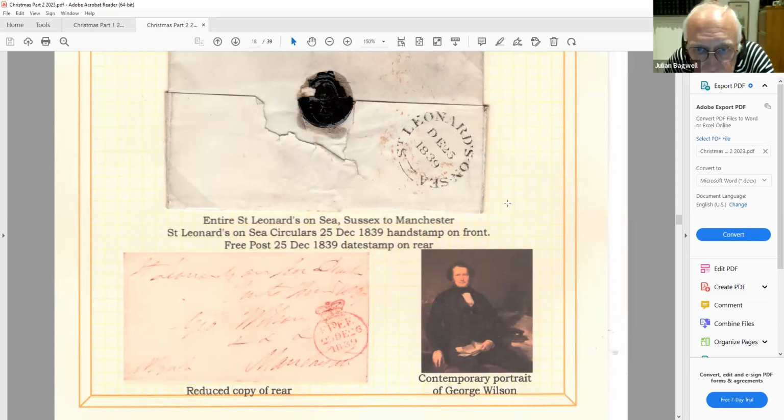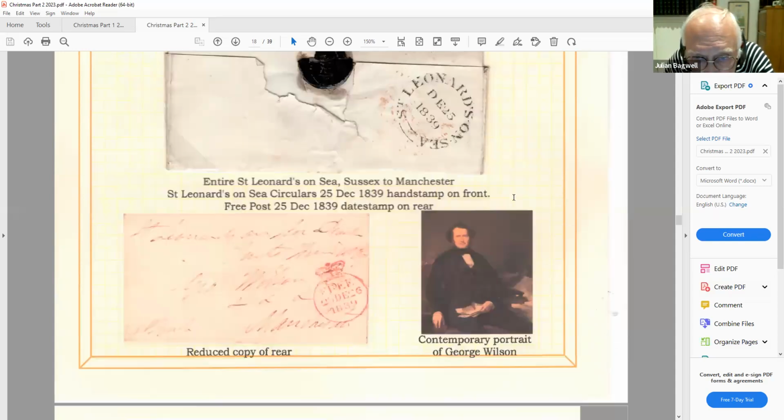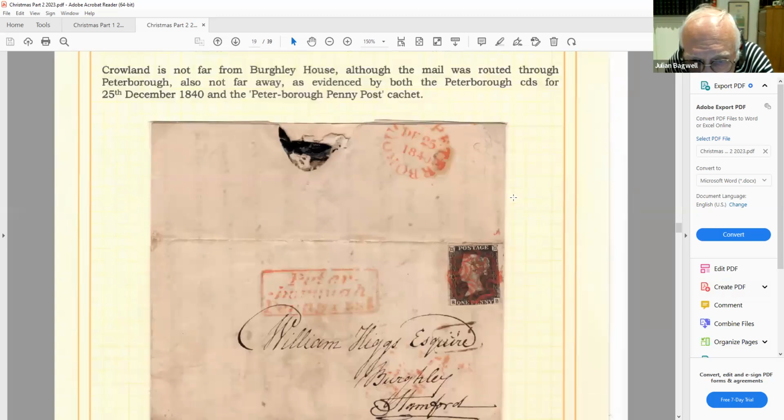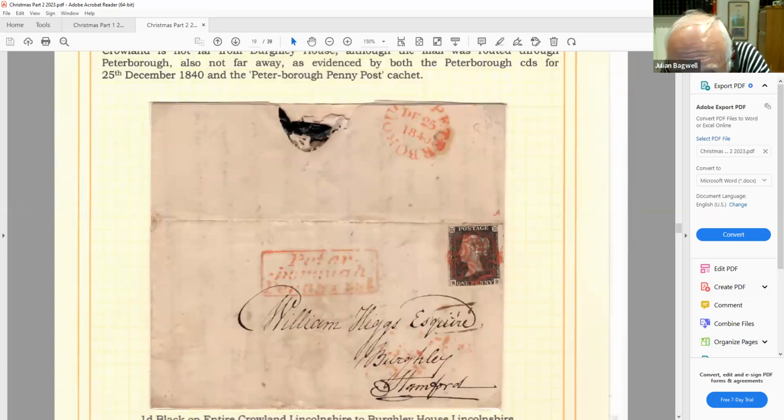On May the 6th, 1840, the penny black came in. And here is a letter with a penny black, Maltese cross cancellation, and a Peterborough, December the 25th, 1840 cancel. It's also got a Peterborough penny post mark here. For some time after the introduction of the penny black, you still see these marks.